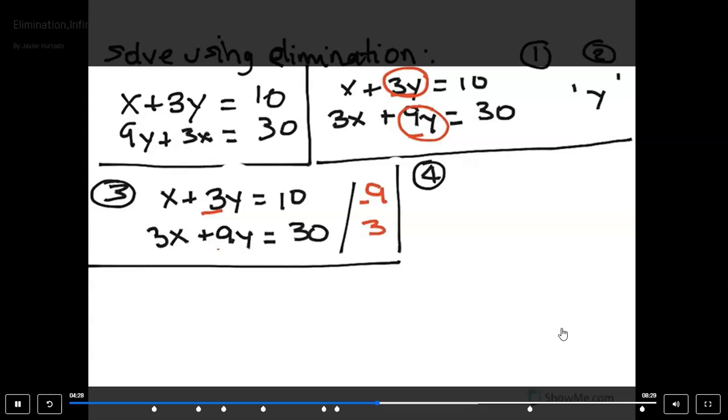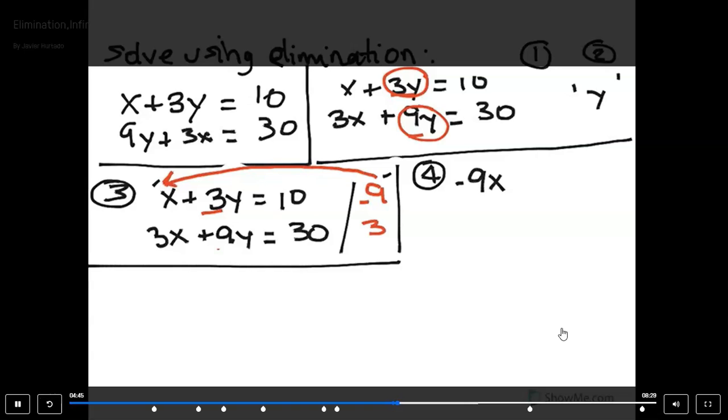This means I need to multiply negative 9 by positive x. Negative by positive gives me negative, and 9 by 1 gives me negative 9x.